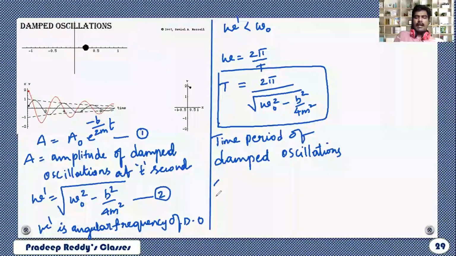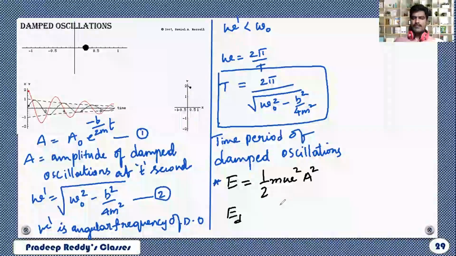And clearly, as the amplitude of damped oscillations is variable with respect to time, we know that energy E is equal to half m omega square a square. This is the energy of oscillations. So for damped oscillations, energy will be half m omega square into A square, where A is A naught into e power minus b by 2m into t.